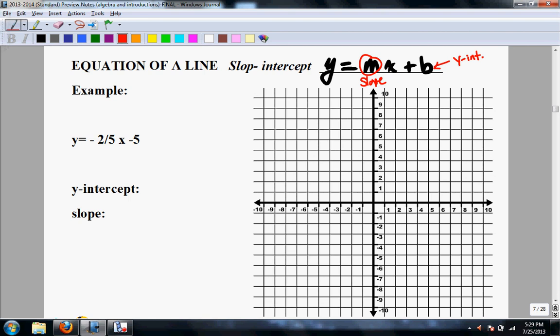So when you're working with this equation, what I recommend you do, whatever equation you start with, always simply rewrite the equation directly underneath it. Line it up. So here we have y equals negative 2/5 x minus 5. So I'm going to write y equals mx plus b.